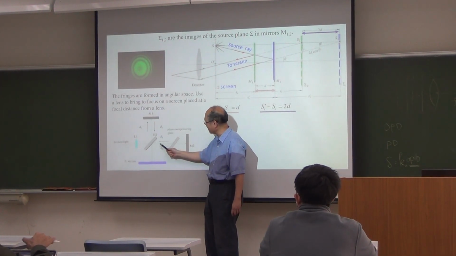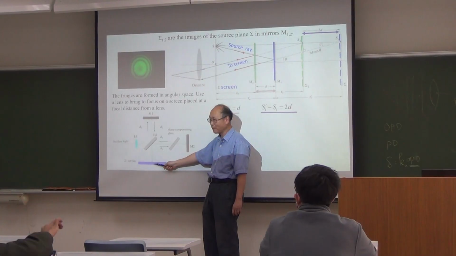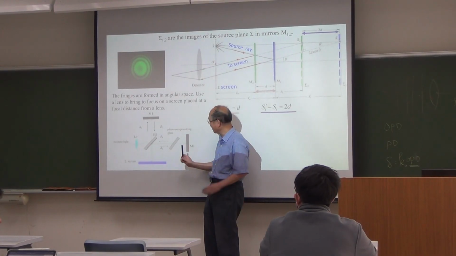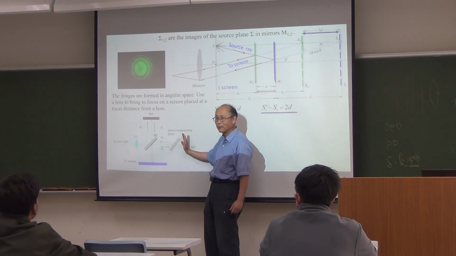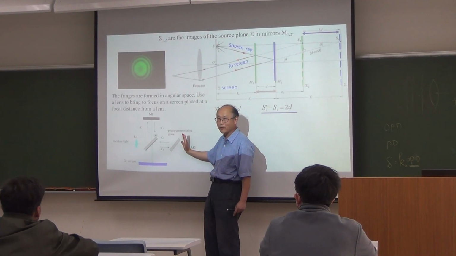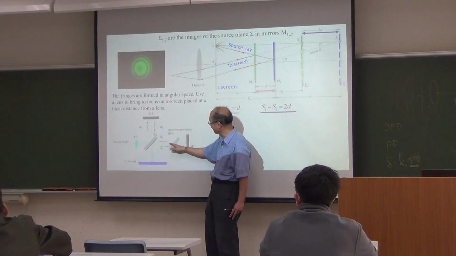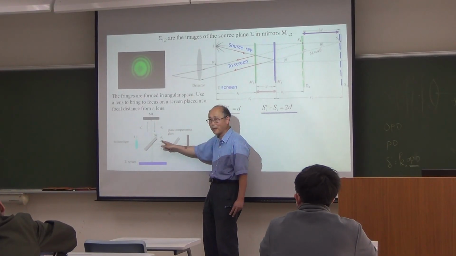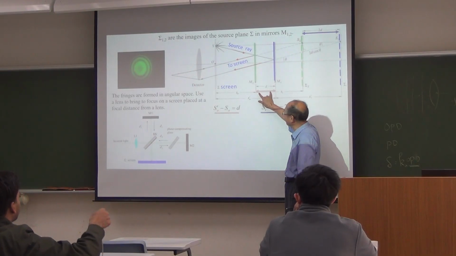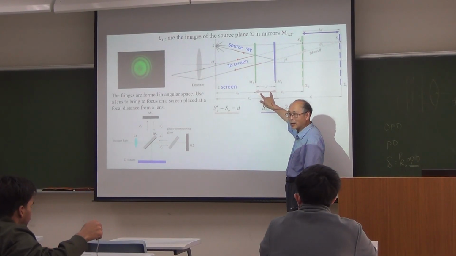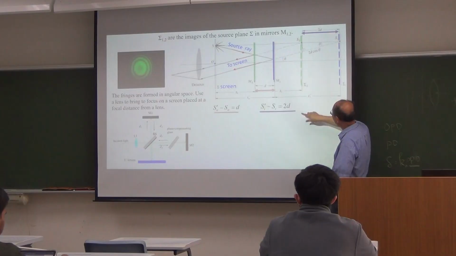Initially, if I have the same path difference, then you have interference fringes. And then if I just move this by a small distance, the difference is amplified by a factor of 2, because the path will go this direction and come back, right? So initially, if I have a mean separation of D, now my mean separation is going to be 2D.